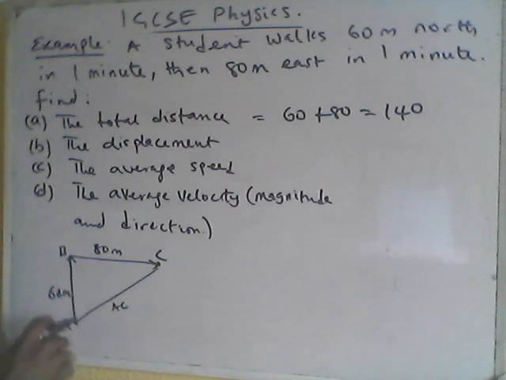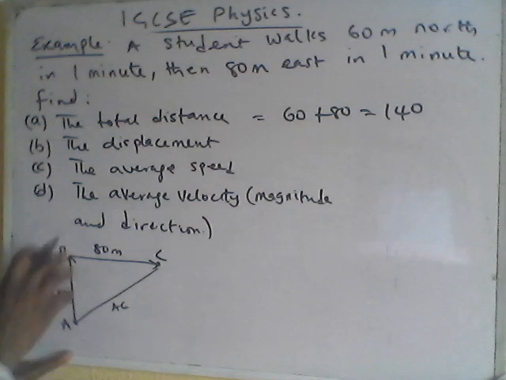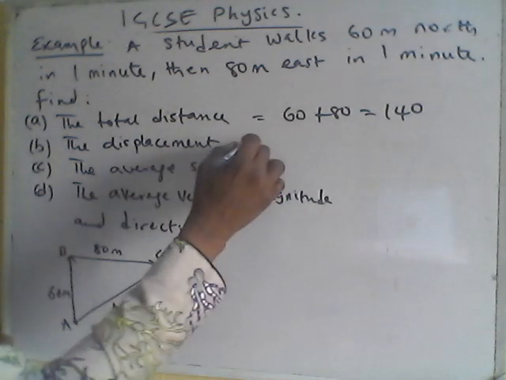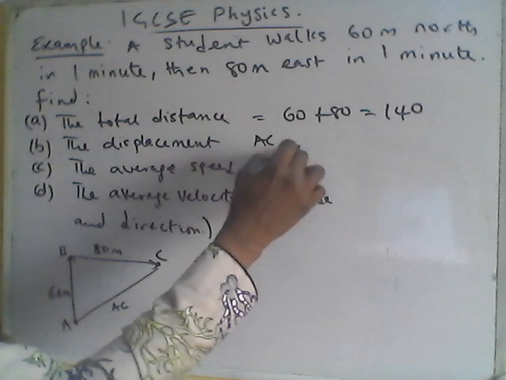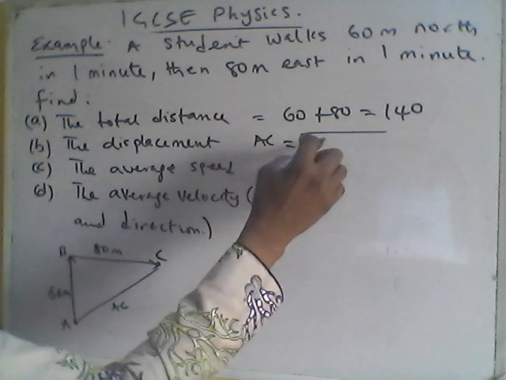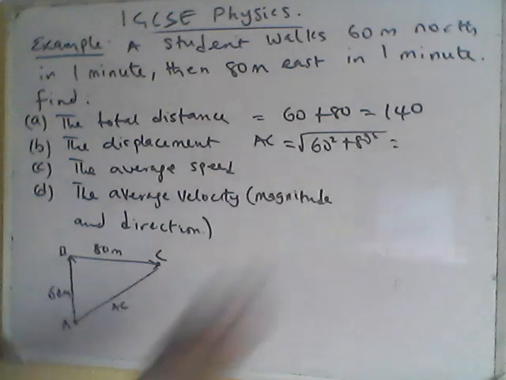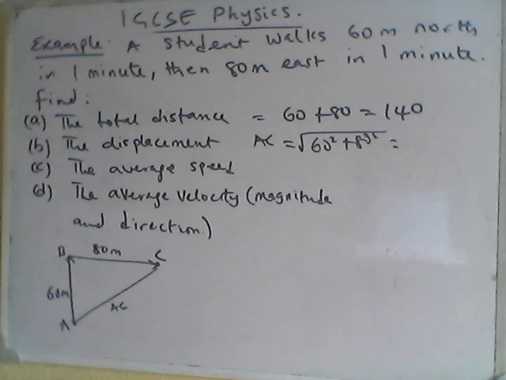So I'm going to be using the movements he made to arrive at C to get my AC. So AC, which is displacement, is equal to the square root of 60 square plus 80 square. All right? And this displacement also comes with a direction.